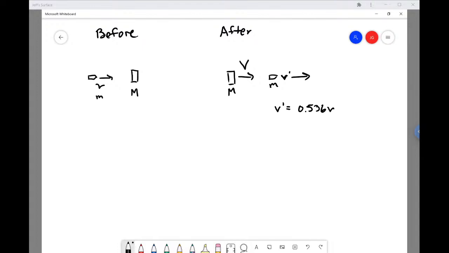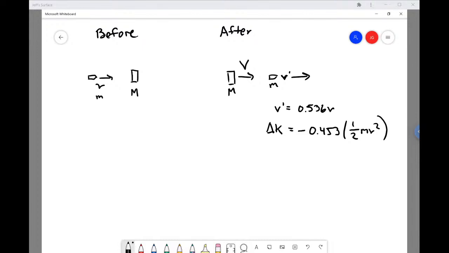And the other thing we know is that the change in kinetic energy of the system is equal to, for my problem, 0.453 times the initial kinetic energy of the bullet, which would be 1/2 little m little v squared. All right, and the part I missed is if this is a change in kinetic energy, it's a loss of kinetic energy. Final minus initial is going to be negative. So that conceptual piece I just forgot to add on Friday. So there needs to be a negative sign here.